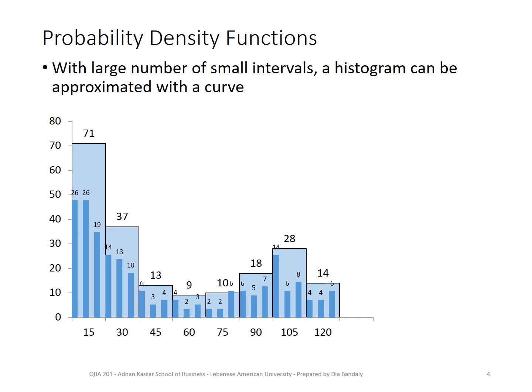Now I'm building another histogram where the class width is 5. You can notice, for example, that the 71 values that were between 0 and 15, now I broke down into 26 between 0 and 5, 26 between 5 plus and 10, and then 19 between 10 plus and 15.